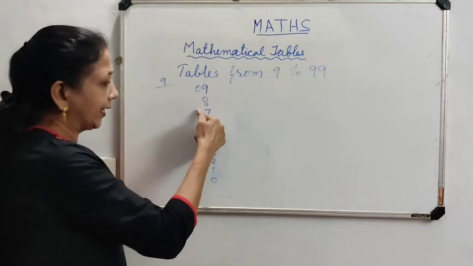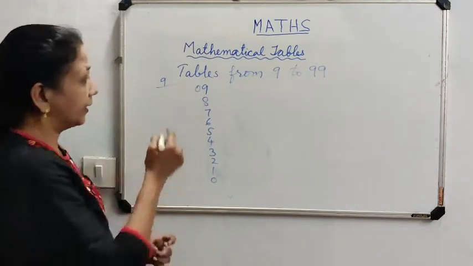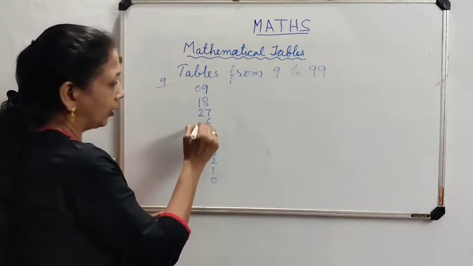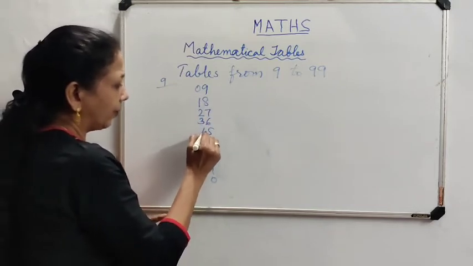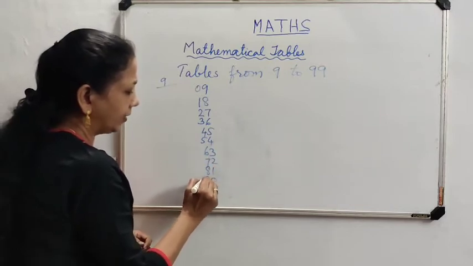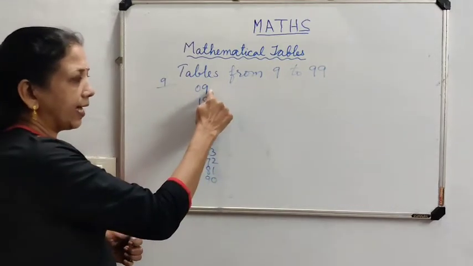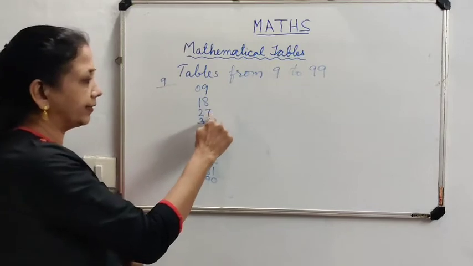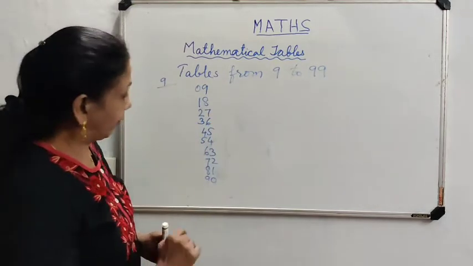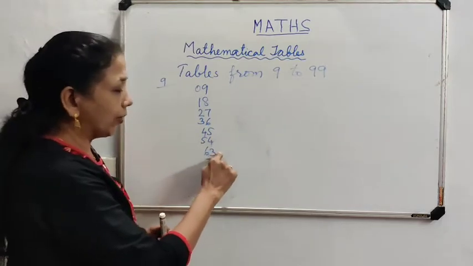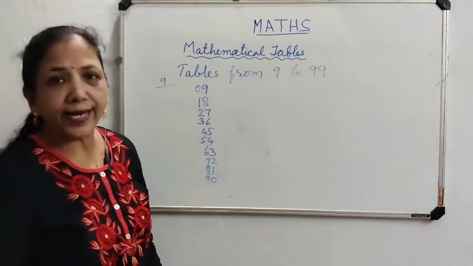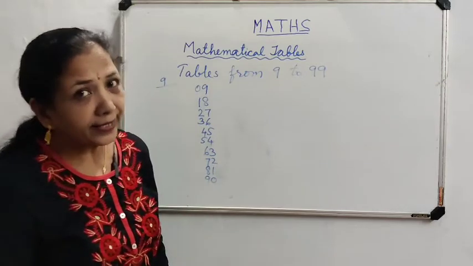So you add 1 to the tens place each time: 0, 1, 2, 3, 4, 5, 6, 7, 8, 9. So 9 1 is 9, 9 2s are 18, 9 3s are 27, 9 4s are 36, 9 5s are 45, 9 6s are 54, 9 7s are 63, 9 8s are 72, 9 9s are 81, 9 10s are 90.